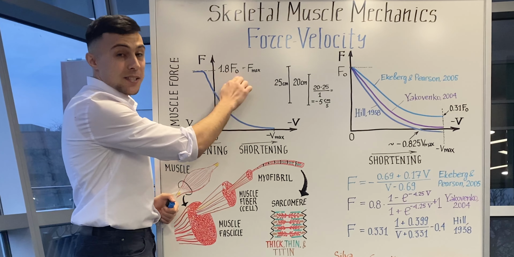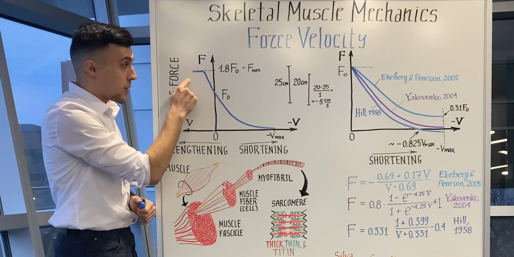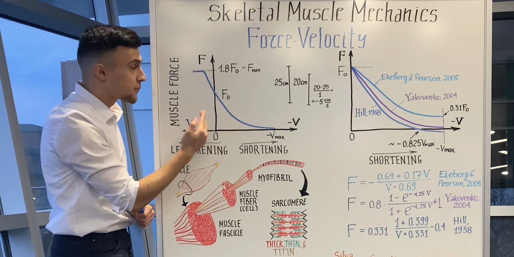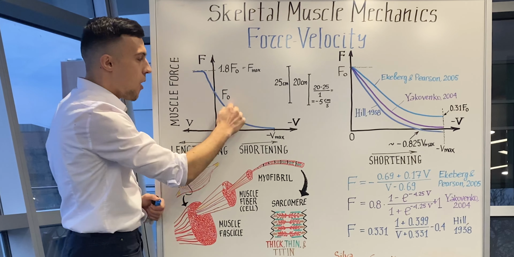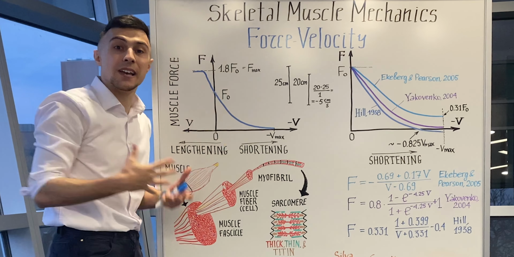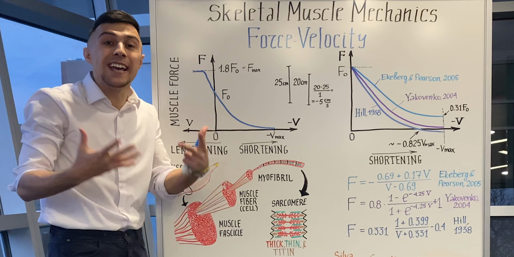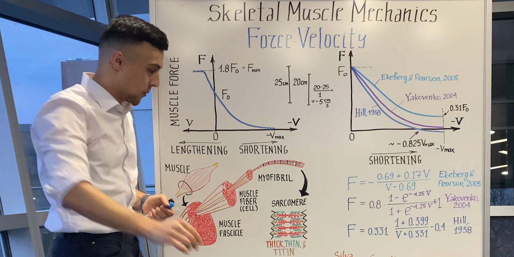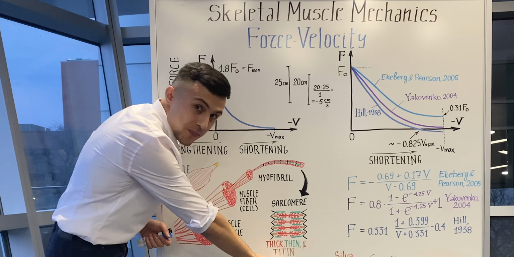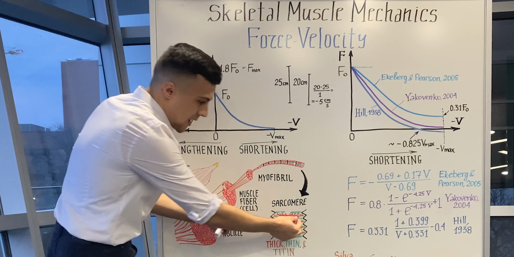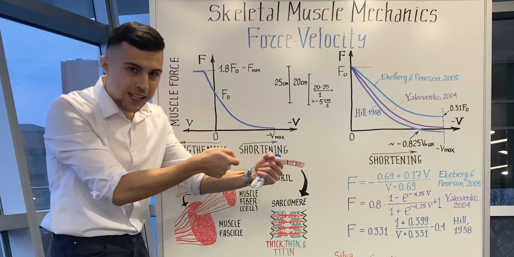Now, the maximum force of this force-velocity relationship for lengthening is equal to about 1.6 to 1.8 times the isometric force. So you may ask, why is that? Let me remind you, in the sarcomere there is another protein called titin. You remember the role of titin is kind of pulling on the thick filament, and titin itself acts like a spring.